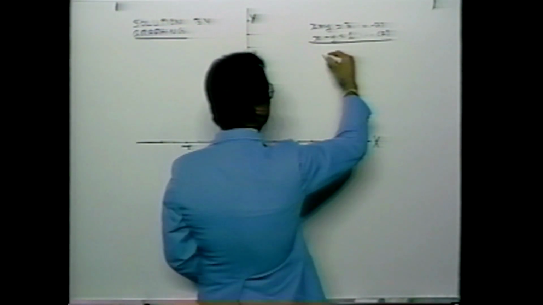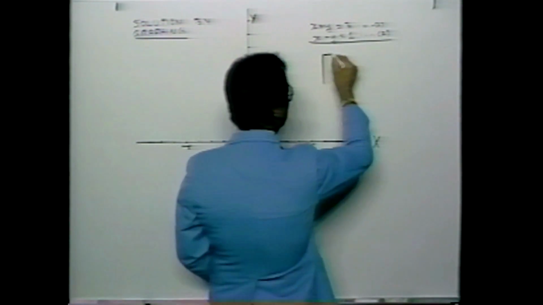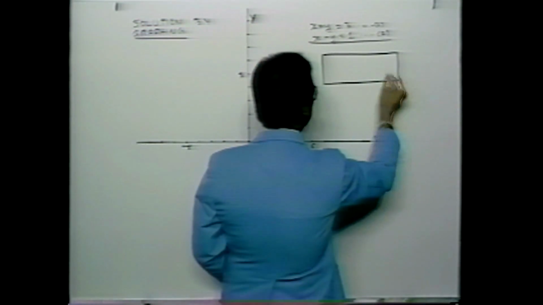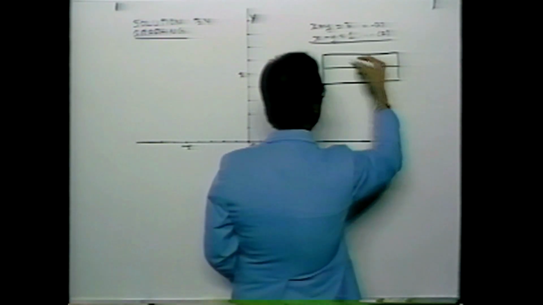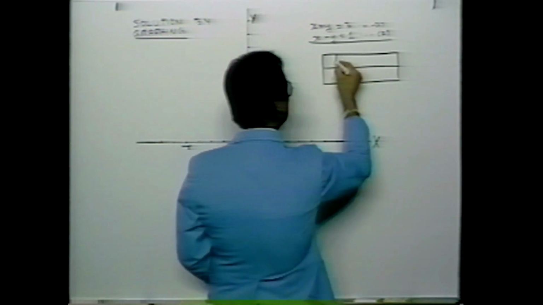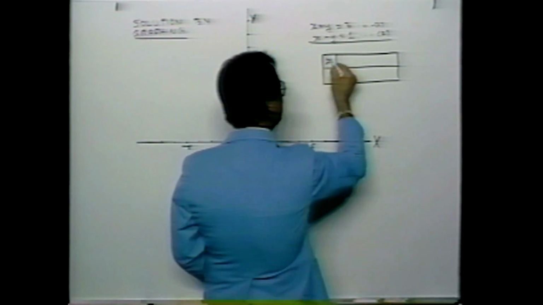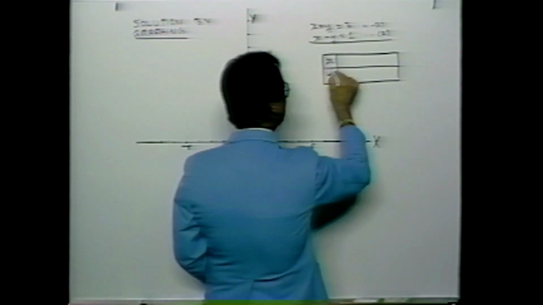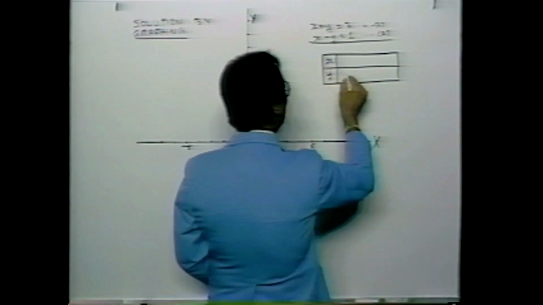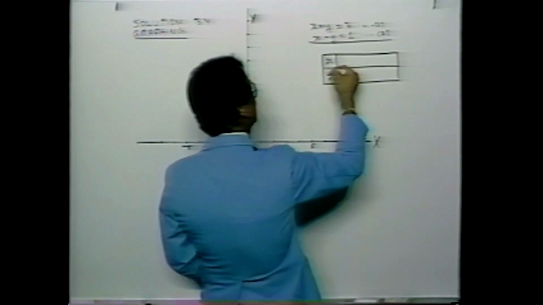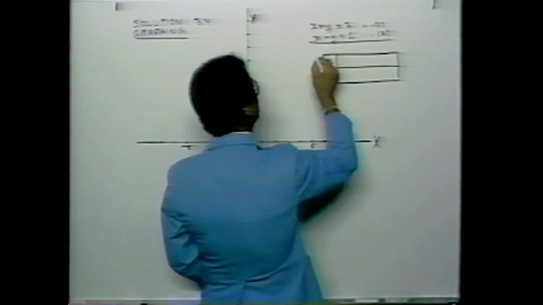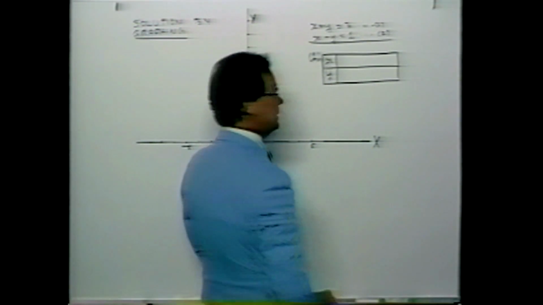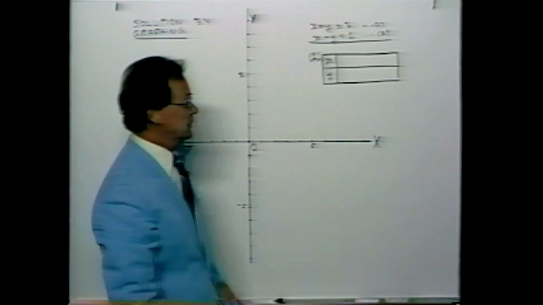What you must do is draw up a sort of table like this, where the top row of numbers will be the x values and the bottom row of numbers will be the y values, referring to equation 1. I'll put equation 1 here beside that table to remind you of it.